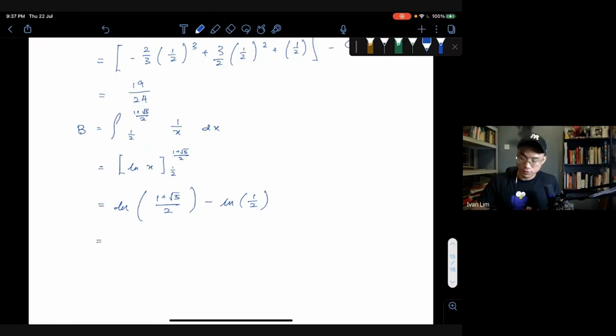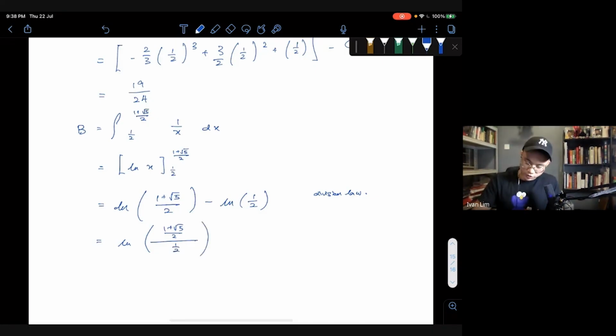You will get minus, we can use division law, right? Okay, division law here. So it can be written as ln of 1 plus root 5 over 2 over half. Okay, actually you can divide it off.